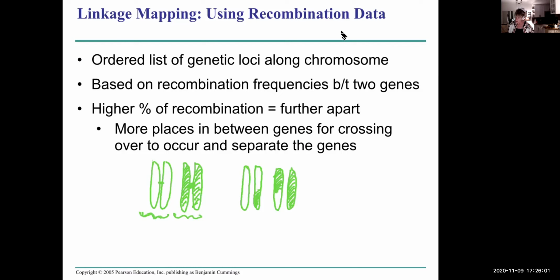So these two are sister chromatids. They're identical, so they have all the same genes. However, during this first phase in meiosis 1, there was some crossing over. So this one crossed with that one, and now you have a new combination, a recombinant.